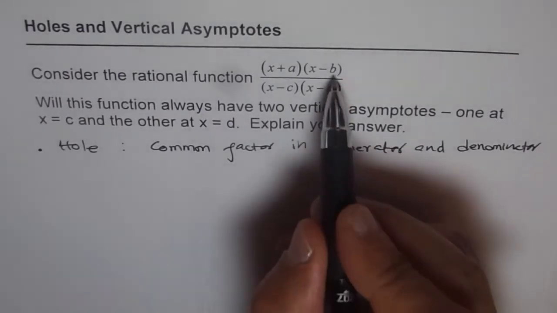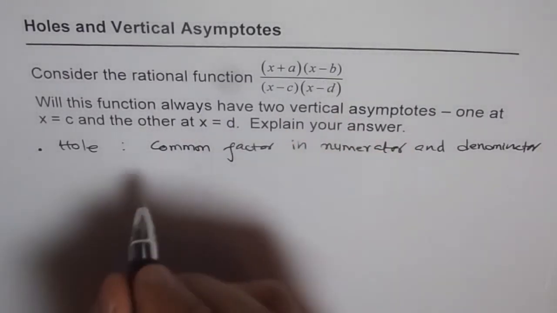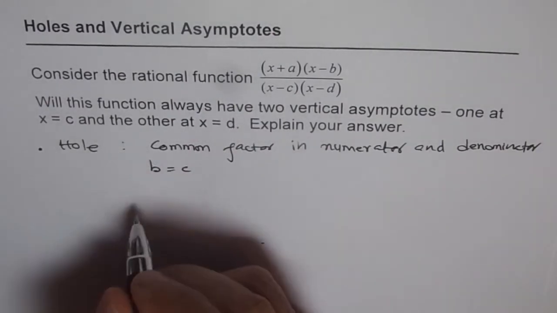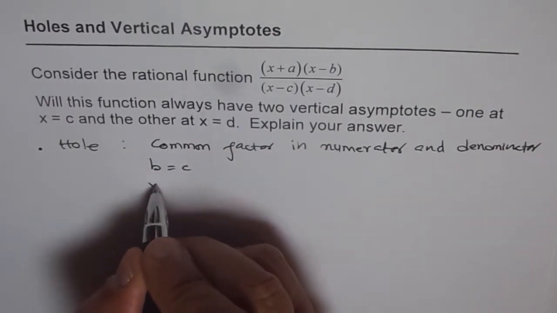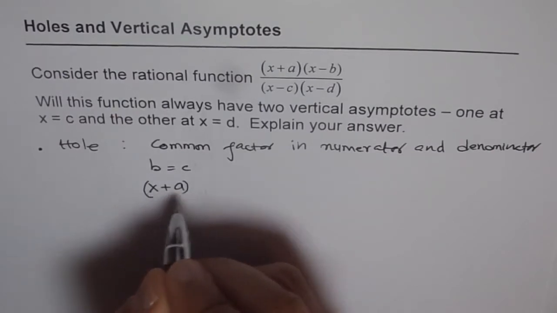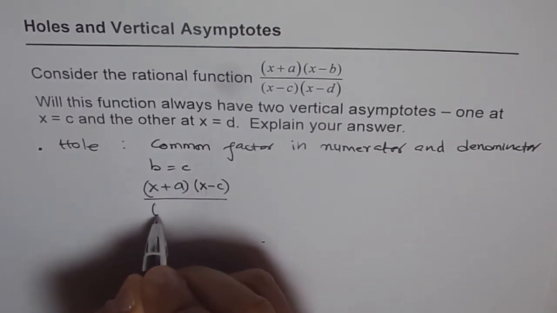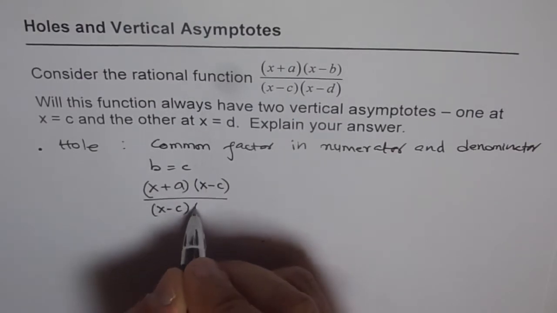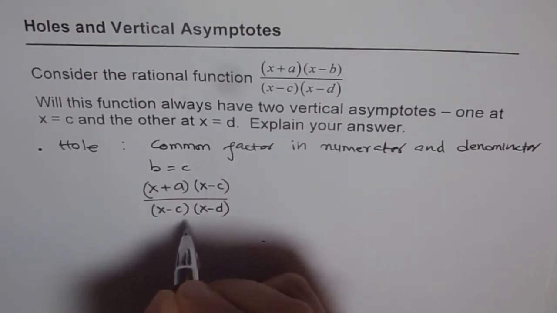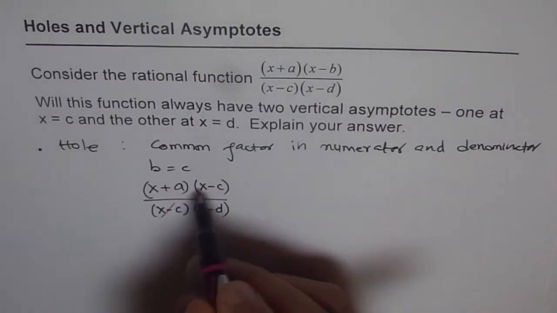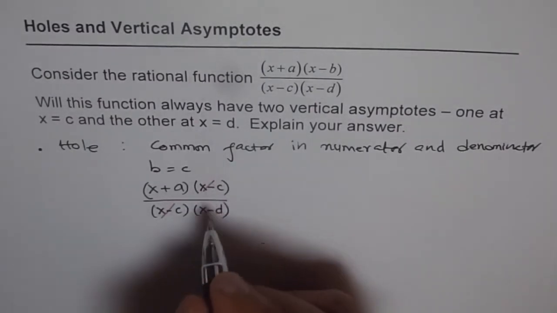For example, if I make b equal to c, then how will the expression be? The expression will be (x + a)(x - c) divided by (x - c)(x - d), right? In that case, x - c cancels out, and so here we have a hole.